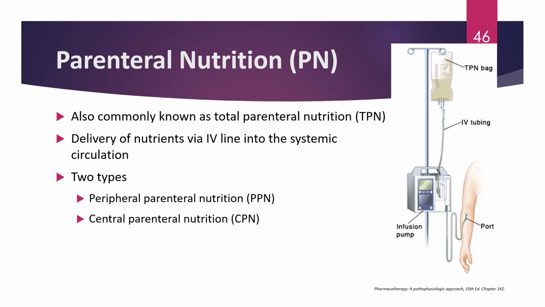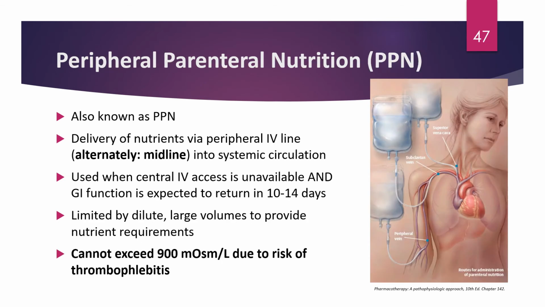Delivery of nutrients via IV line into the systemic circulation is basically what parenteral nutrition is, and we can do this via 2 different line methods: peripheral parenteral nutrition or central parenteral nutrition, which are basically exactly what they sound like. Peripheral being administered by a peripheral line, and central being administered by a central line.